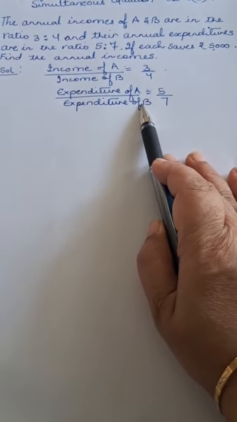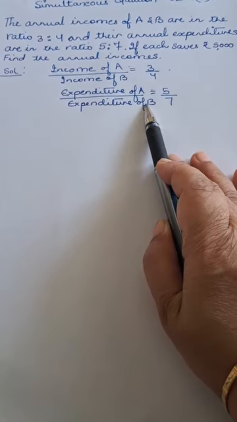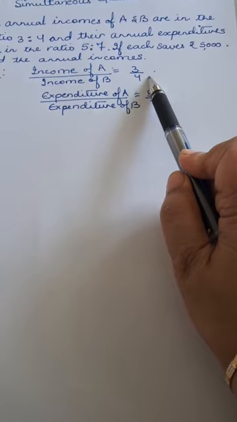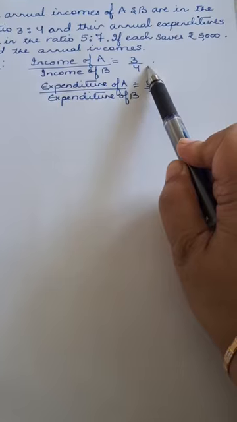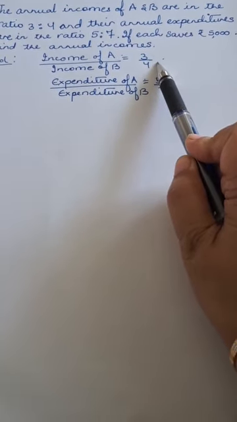In such a sum, one way of doing it is to take a constant and multiply the ratios with the same constant up and down. We know that when we multiply the ratio with a constant, we get the actual number.